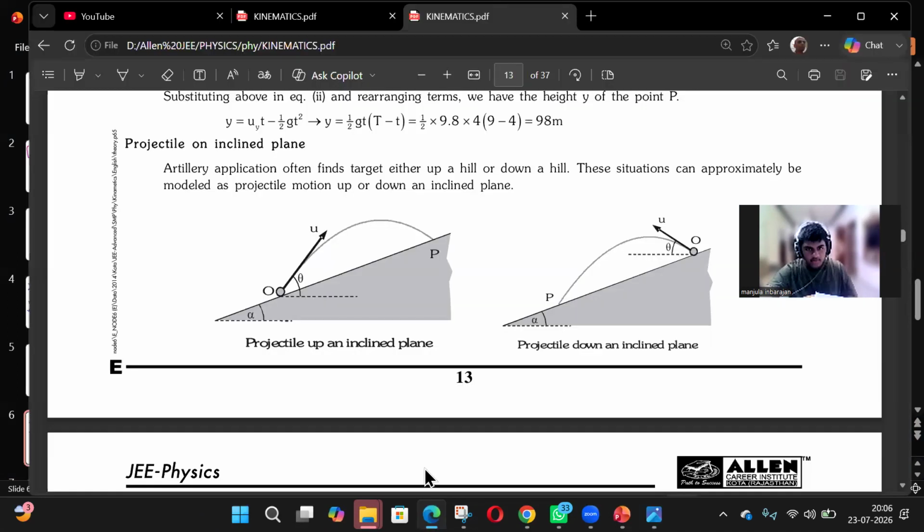Now we have to retake horizontal projectile motion and oblique projectile motion. This is the last case, the complicated case, where the thing is on the inclined plane. One thing is you're throwing up, another thing is you're throwing down. So here, one way of doing it is to choose the x-axis along the plane and the y-axis perpendicular to it.